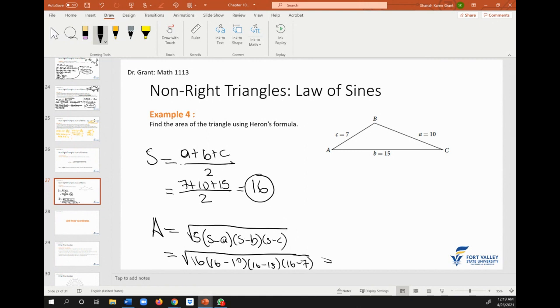Just plugging it in your calculator, you should get 29.4 roughly. And that's how you find the area.